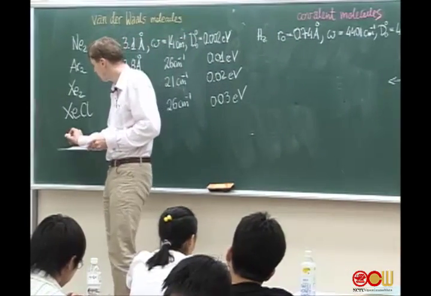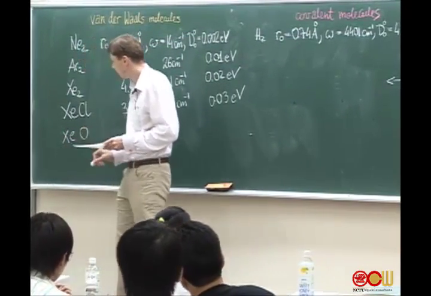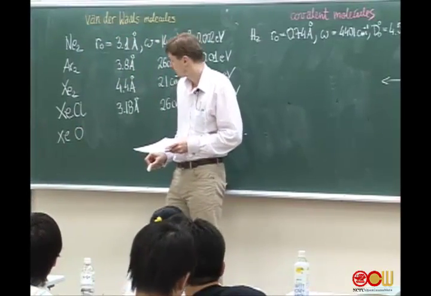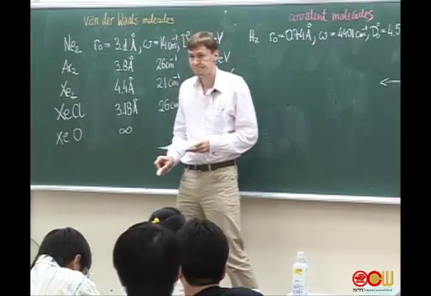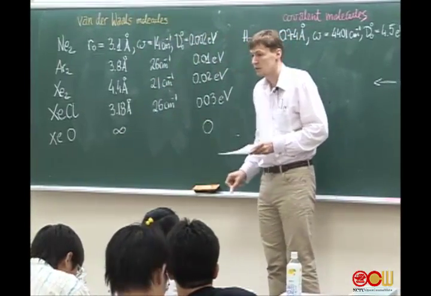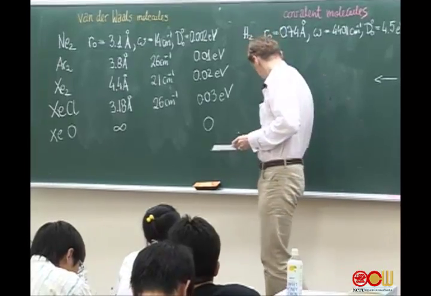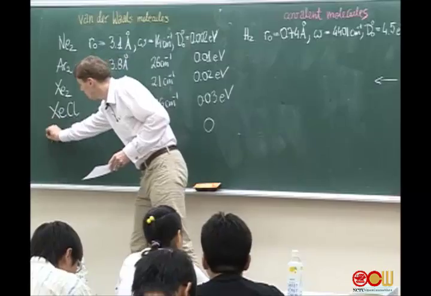Sometimes, like for example the xenon oxide, it turns out that here you get infinity. And here you get 0. What does it mean? We just take these examples in green.